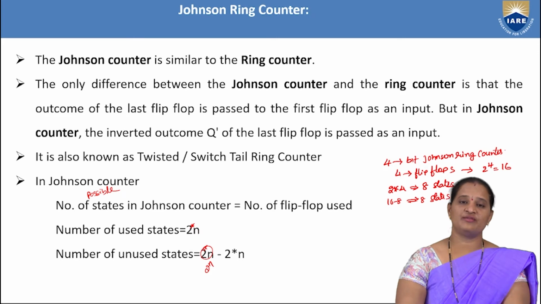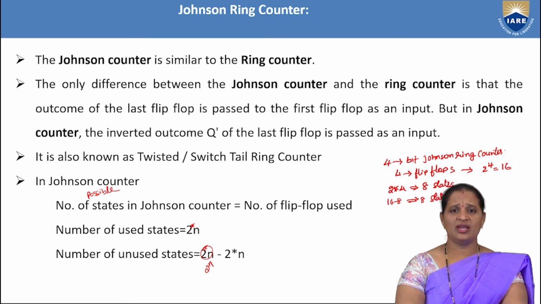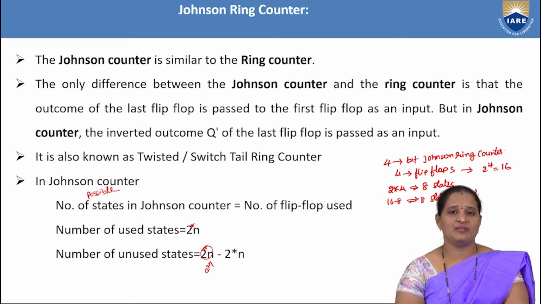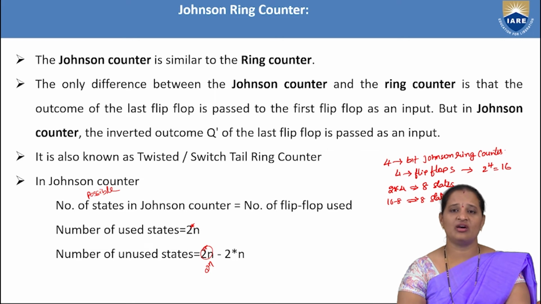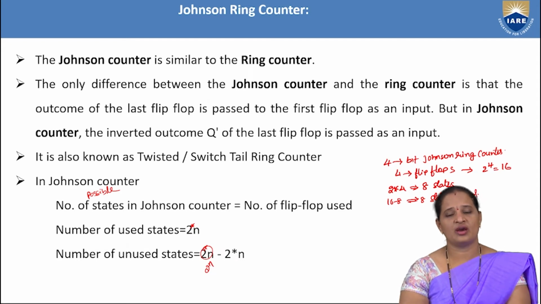In the case of the ring counter, we used only n states, and the remaining 2 power n minus n, that is 12 states, were wasted. But here we have reduced the number of unused states to 8. That is the major advantage of the Johnson ring counter over the ring counter.